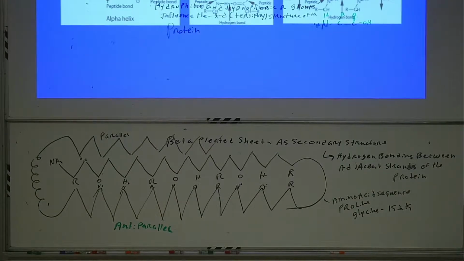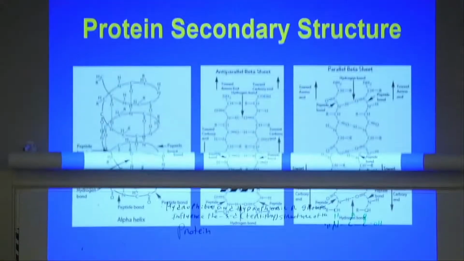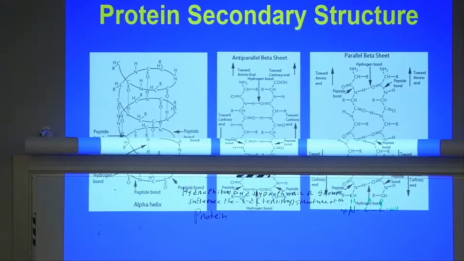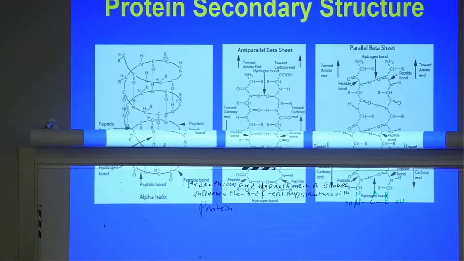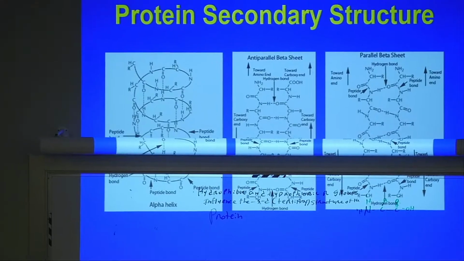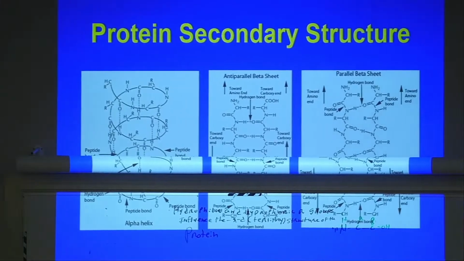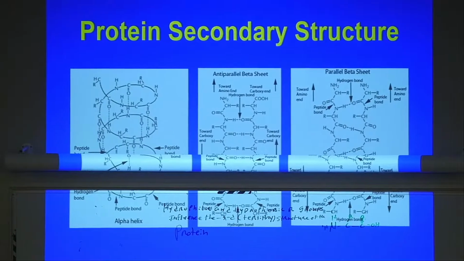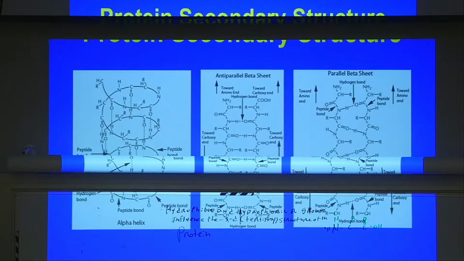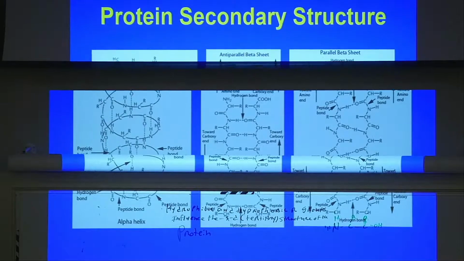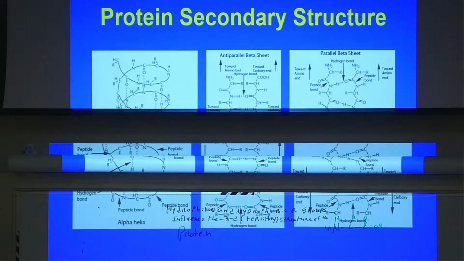The ROHs in the antiparallel strand are easy because it's the mantra of R, O, H, R, O, H. Now, if I can find my pointer. The right-hand panel here is going to be the parallel arrangement.